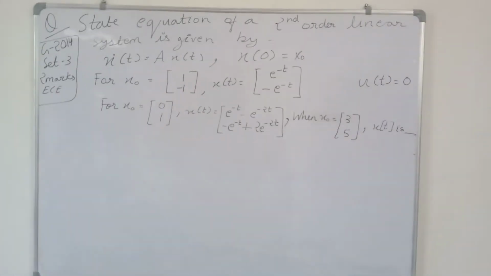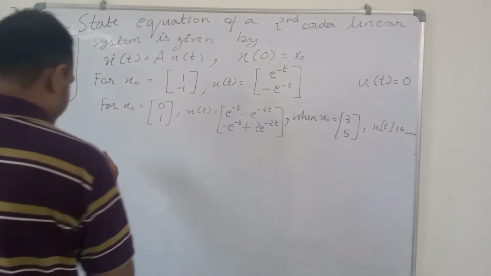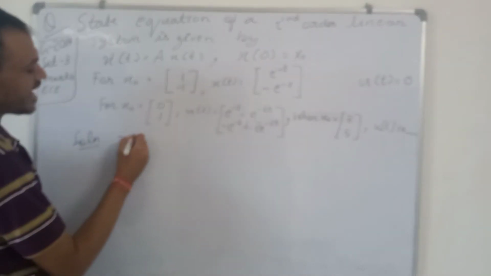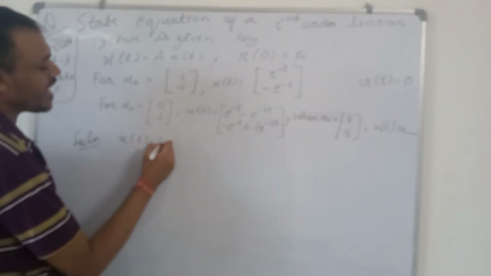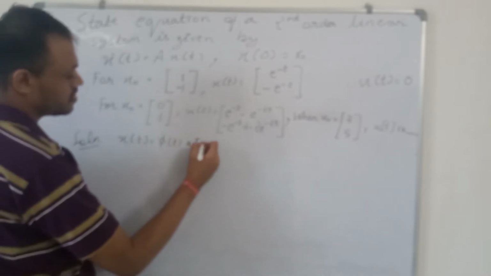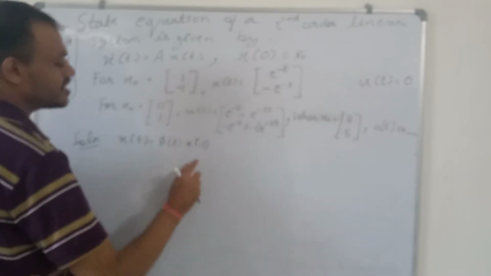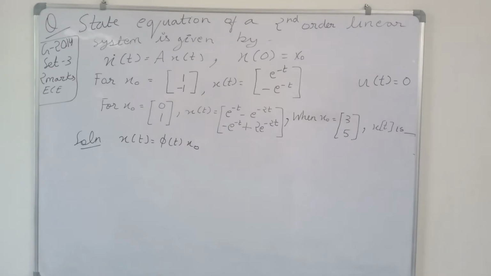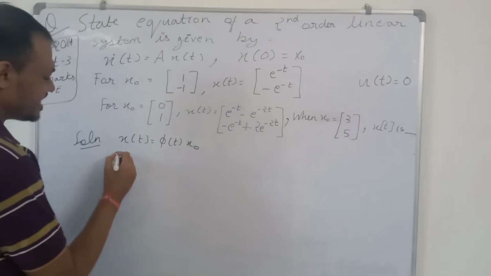For such systems, x of t will be equal to phi of t into x of 0, and x of 0 is given to us as x0, where phi of t is the state transition matrix.